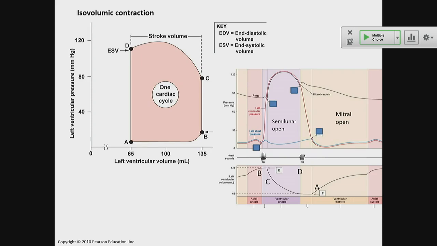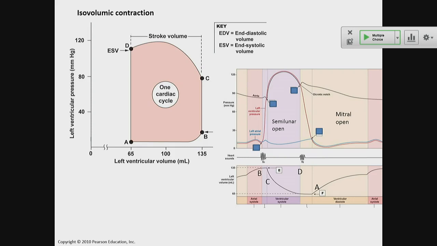So now pressure still keeps rising somewhat, but at the same time, we are pumping blood into the aorta, okay? Because we are pumping blood into the aorta, that means the volume of blood in the ventricle, of course, decreases, okay? So that's shown here until D. That's when we have reached the end systolic volume, which is 65. And now the aortic valve shuts, okay?